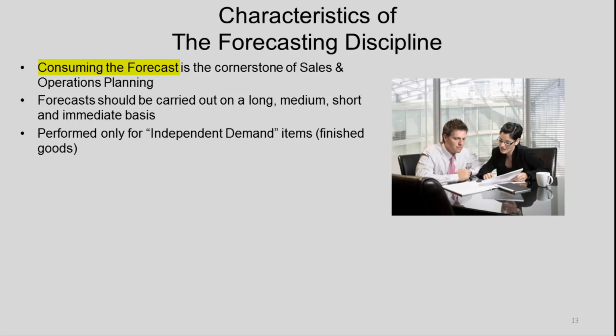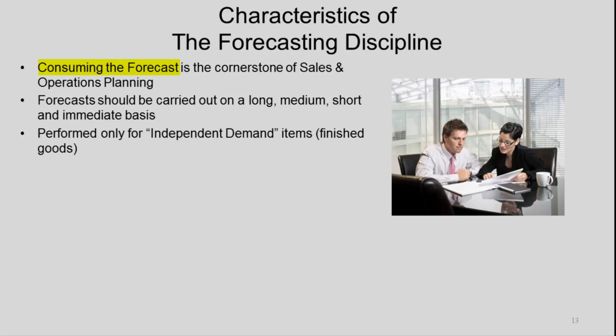So we might forecast for the first 5 months of the year, 100 items a month, just to make it a simple conversation. And as we move forward and start to get orders from customers, let's say in the first month we got 80 orders for 80 units. Well, that forecast, which was 100, has now been consumed up to 80. That's actual activity.